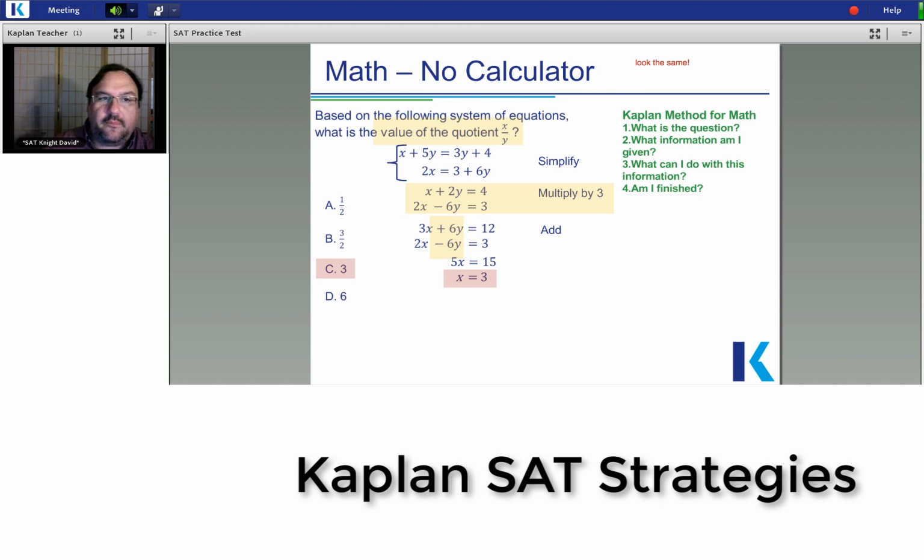So Admiral Ackbar, in my classes, reminds our students to be careful about traps because there are plenty of them on test day, okay? It's a trap. And so we're not going to be doing 3. You're right. We still need to divide by 5. I messed that one up big time.